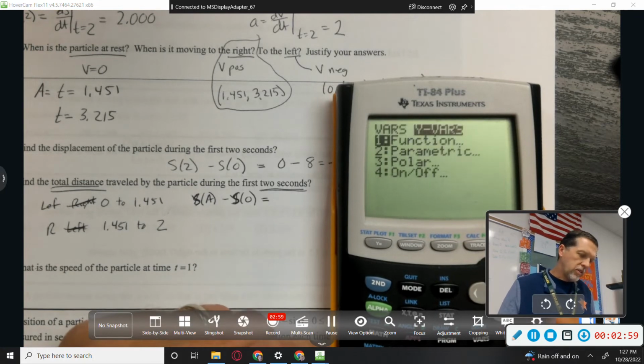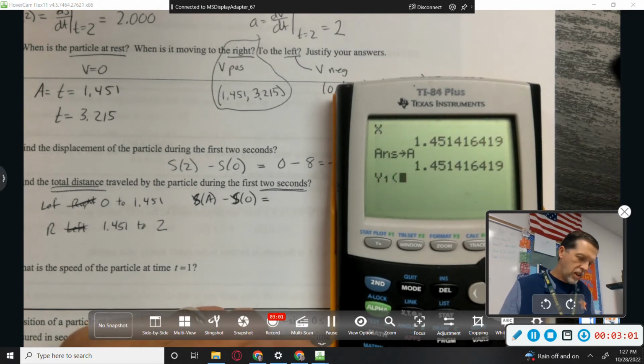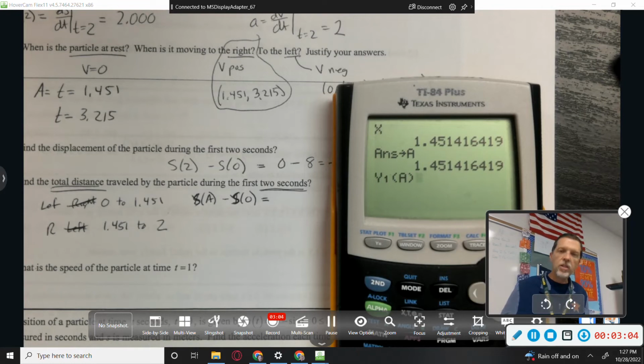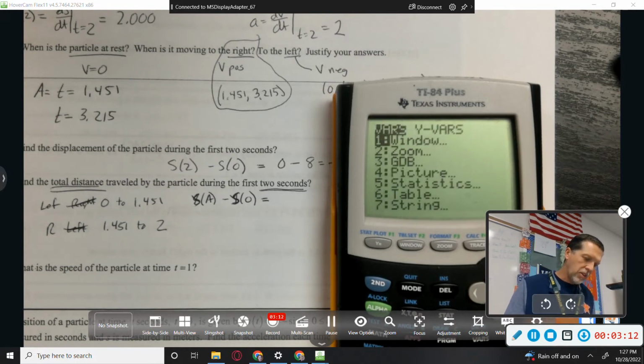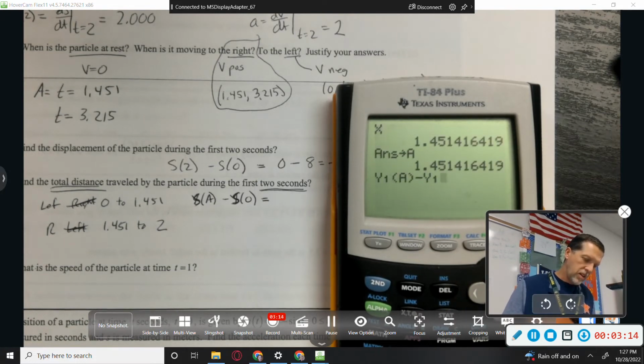So vars, y vars, function. So evaluate y at A minus, same thing, vars, y vars, y of 0. I mean, I already know y of 0, but just to make it look neat, let the calculator do all the work.